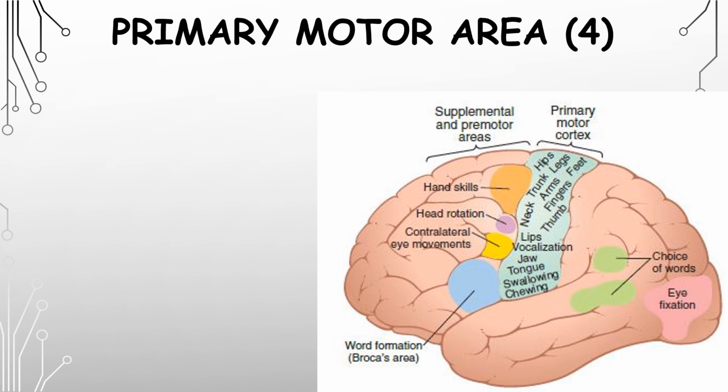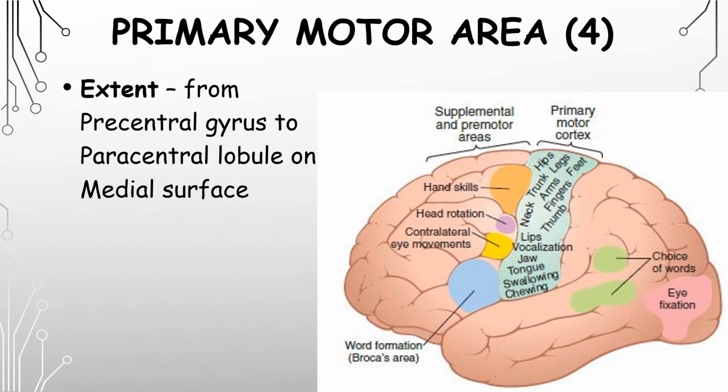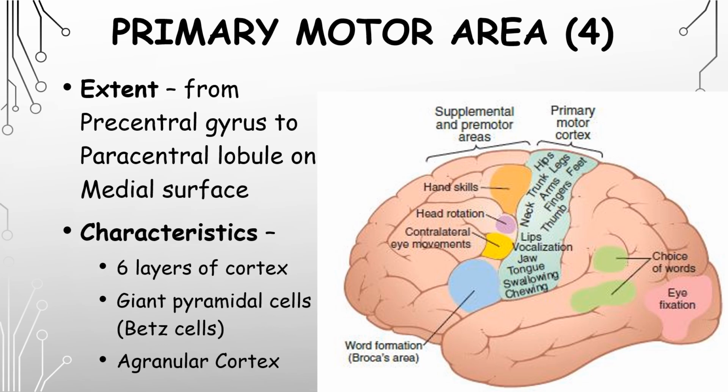Primary motor area, it lies in the precentral gyrus extending into the paracentral lobule on the medial surface. This area has all the 6 layers of the neocortex.